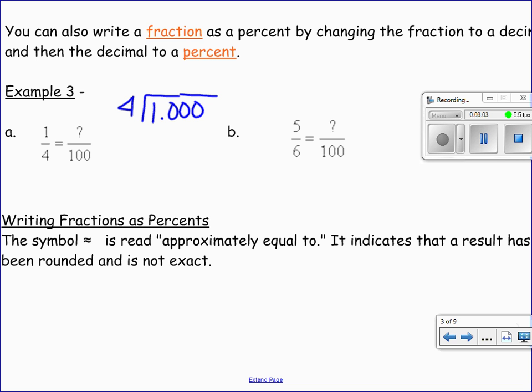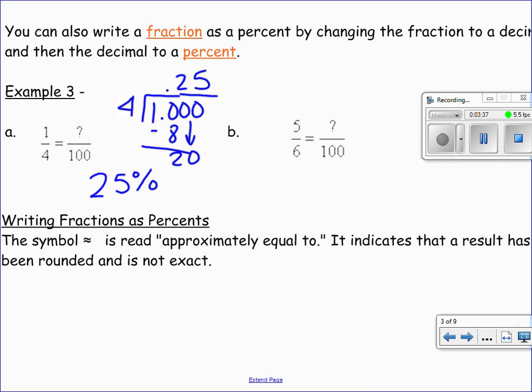In A, 1/4. That is the same as 1 divided by 4. So, 1/4, if we were asked to change that fraction to a percent, we have 25 hundredths up there after we divide. Now, move the decimal 2 places, and it is 25%.